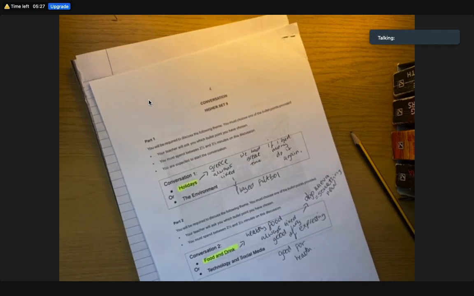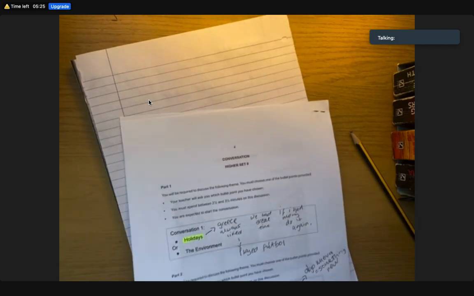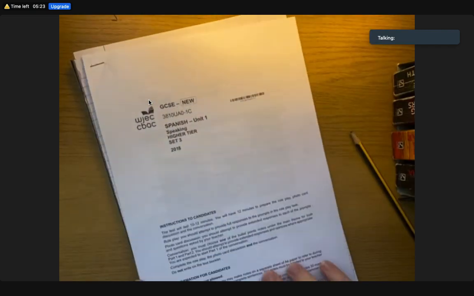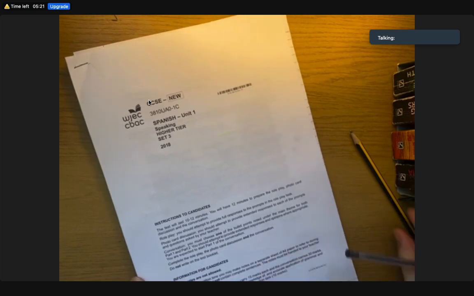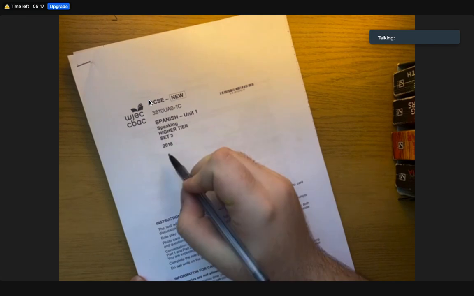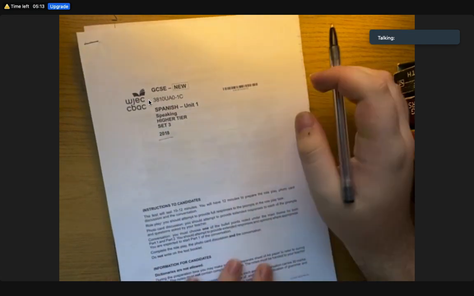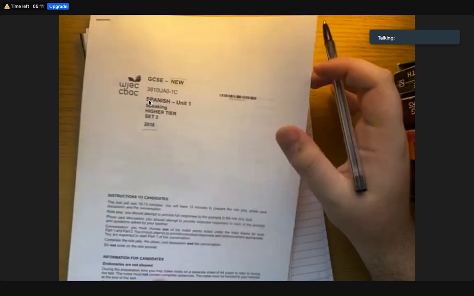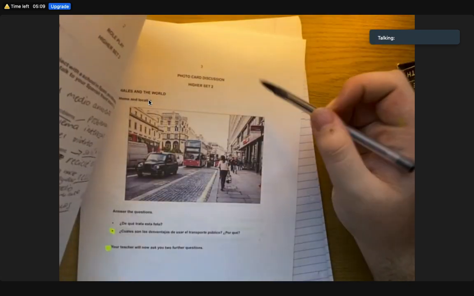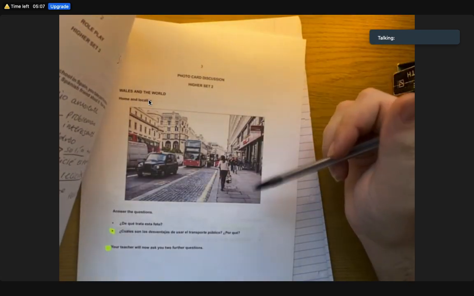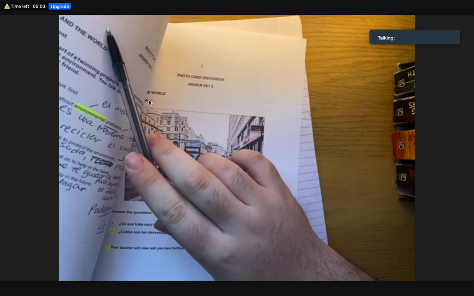Okay, so that was the basic run through of what a typical exam paper for the WJEC would look like. This says 2018, but you won't be able to find the one that I've got here because I pulled different questions from different papers. You'll notice that the sets don't match, so you've got set 3 here, set 2 here, and then set 9 there.